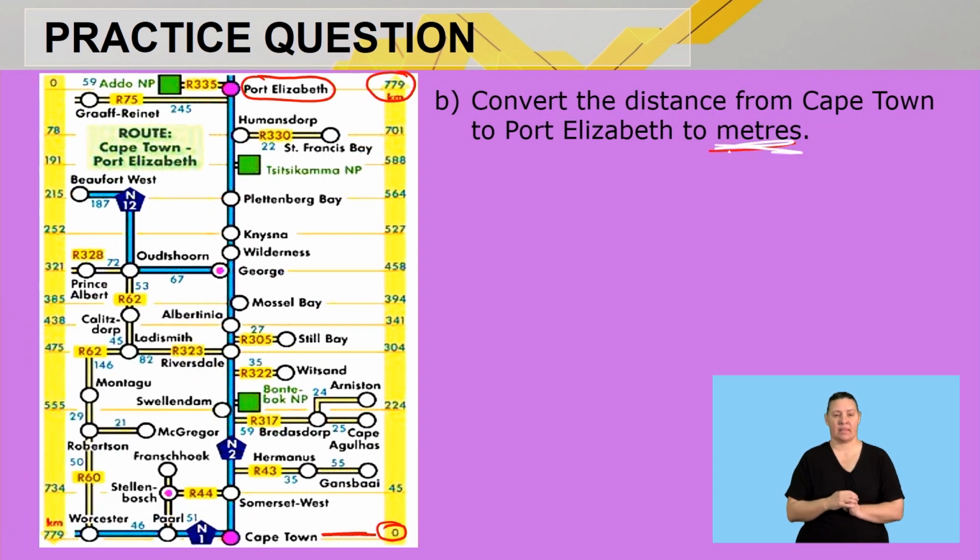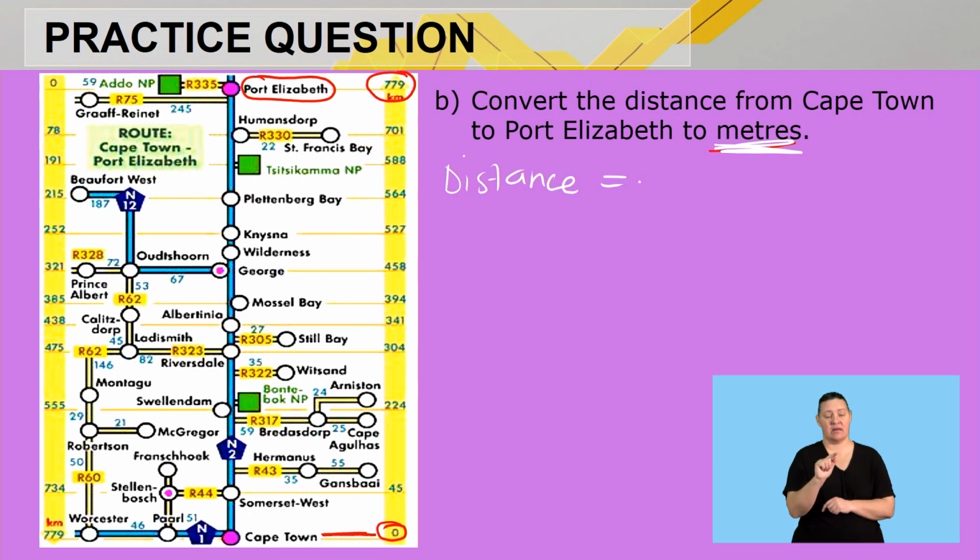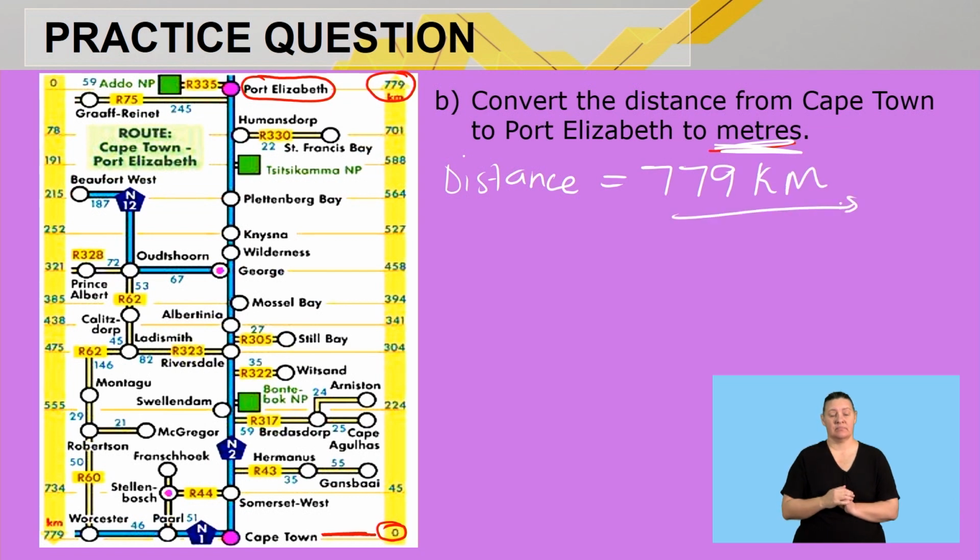Firstly, we identify the distance traveled, which is 779 kilometers. This is in kilometers, and they want us to give the answer in meters.